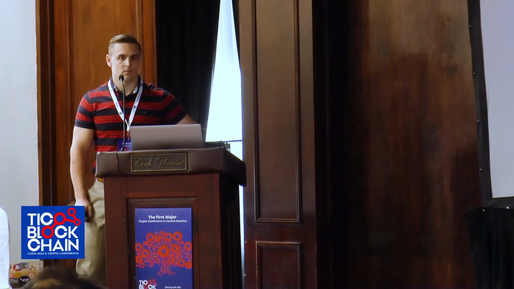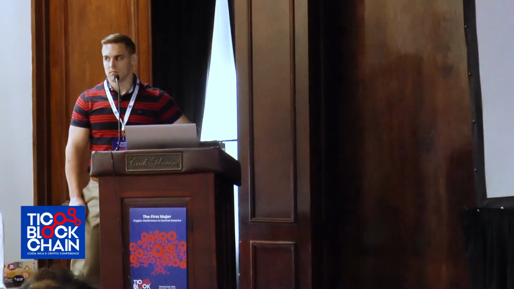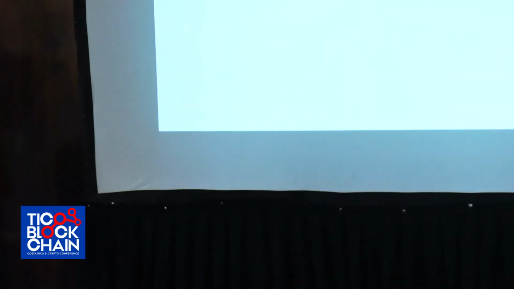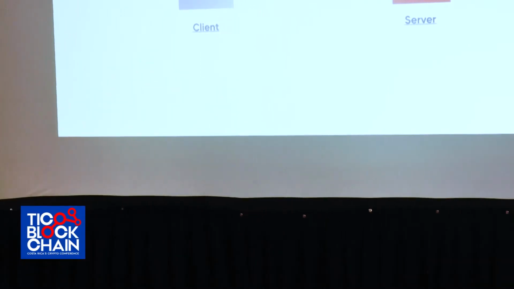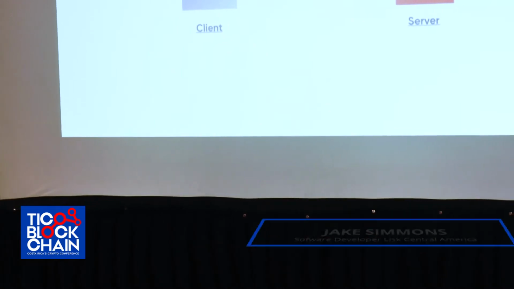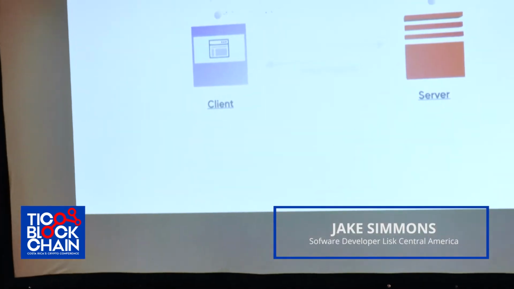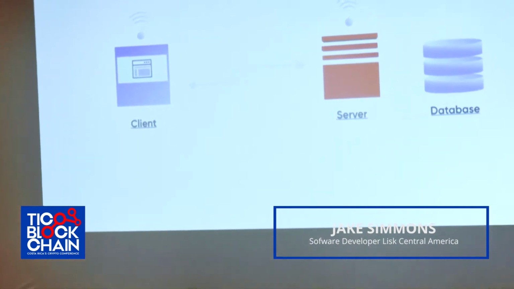In order to understand Lisk Core, let's first talk about the client-server relationship. What is the client-server relationship? Every time a computer or an application wants to connect to the internet to access a web page or transfer data, the device needs to send a request to a server. The device used to send the request is called the client. The server receives the request, checks its validity, processes the data, and fulfills the request by providing information to the client. All the data processed by the server is stored in a database.